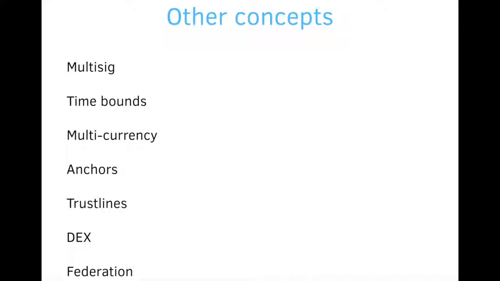Another concept is the concept of federations. So federation is a neat way to say, for example, if you have a given account that is called ABCD123, whatever, like these 50 digits and letters for a public key, it's not very human friendly. So you can actually associate your public key to a federation.